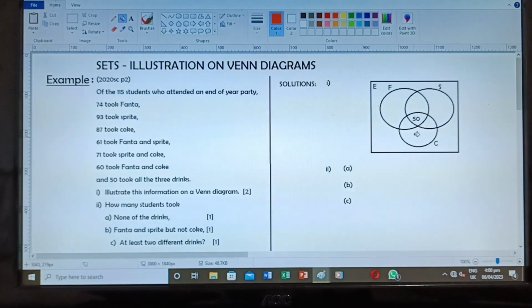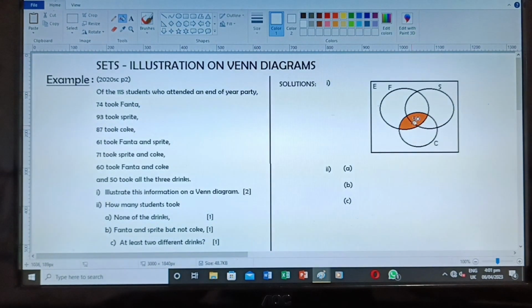So the region for Fanta and Coke is these 2 regions. The statement isn't saying Fanta and Coke only. If it had said Fanta and Coke only, we would have left this one. But now it said Fanta and Coke. So the 60 will go into these regions in yellow.